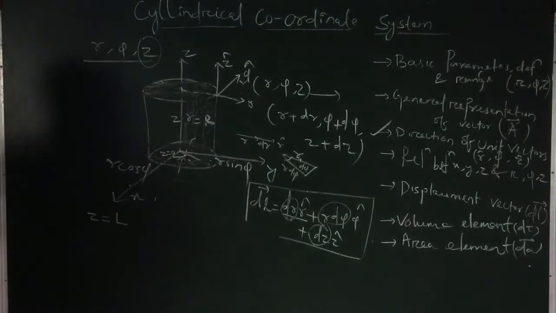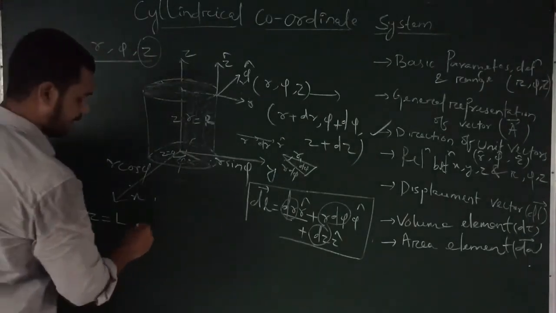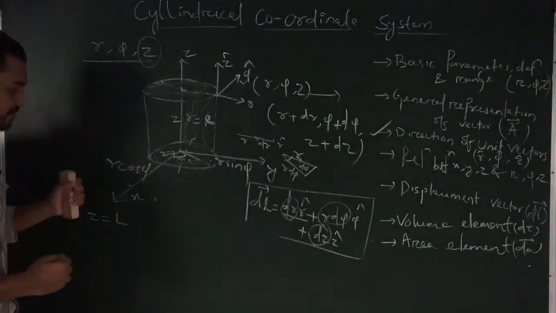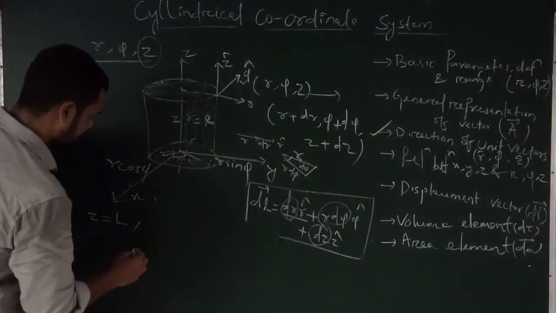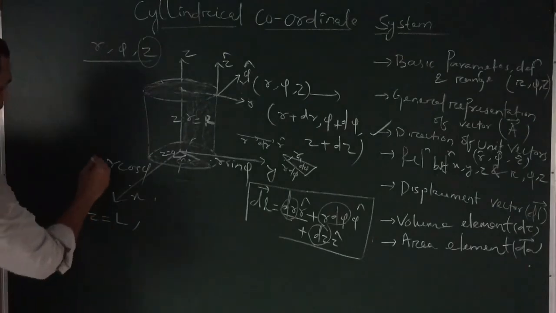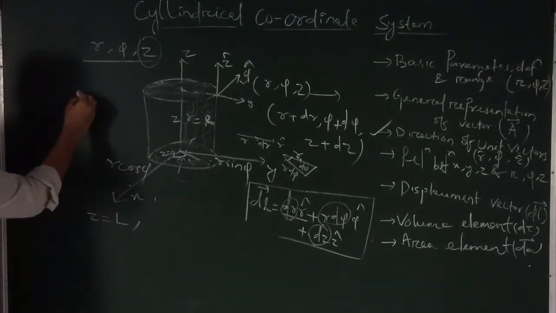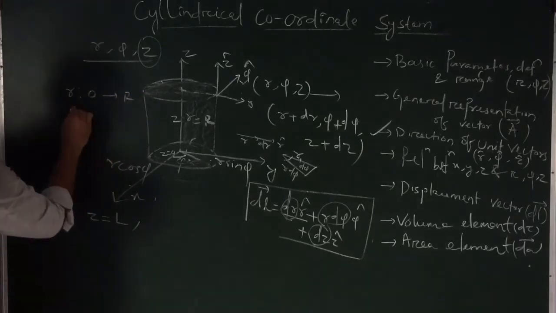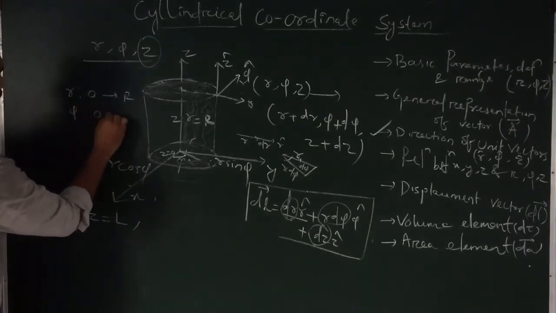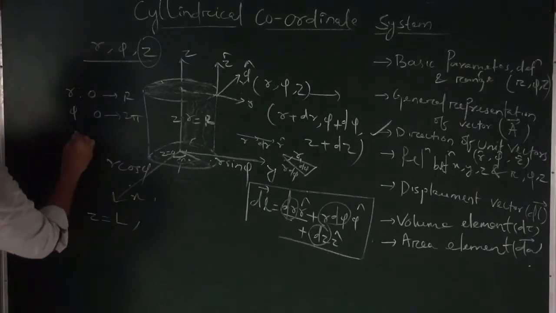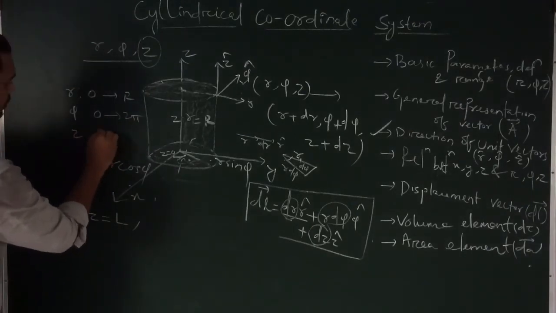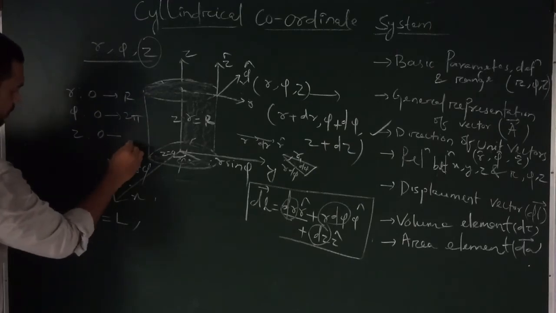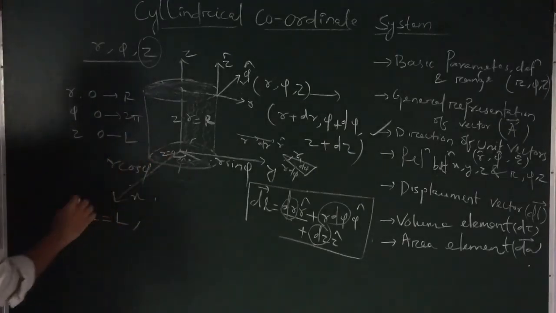Okay, so writing the area element dA for all these 3 surfaces, let's see. Here r ranges from 0 to R, phi ranges from 0 to 2 pi, and z lies from 0 to L for this cylinder.